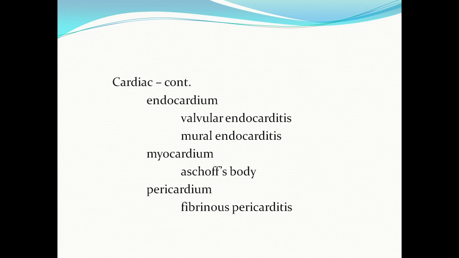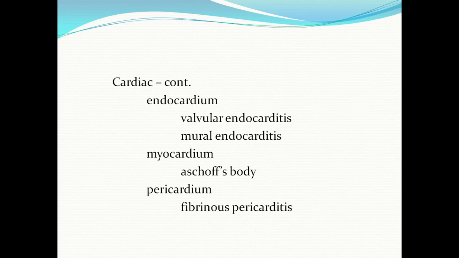In the endocardium, there is valvular endocarditis and mural endocarditis. In valvular endocarditis, the most common valve involved is the mitral valve, and the vegetations in rheumatic endocarditis are along the line of closure of valves and leaflets, meaning along the margin.